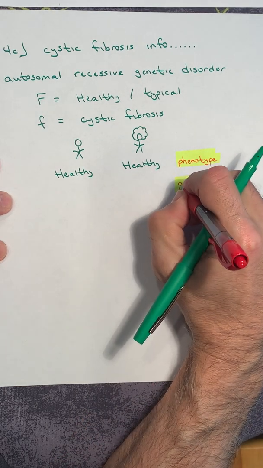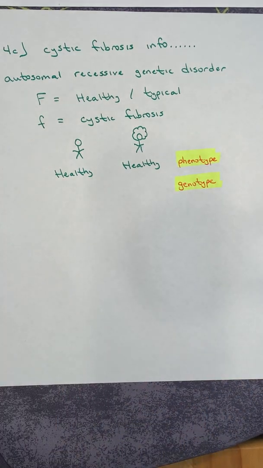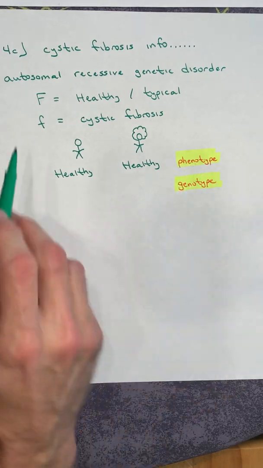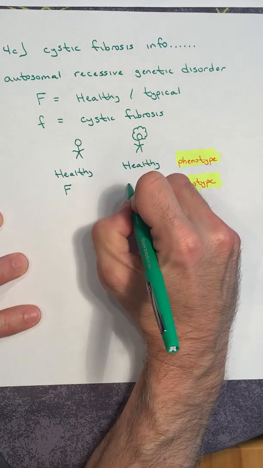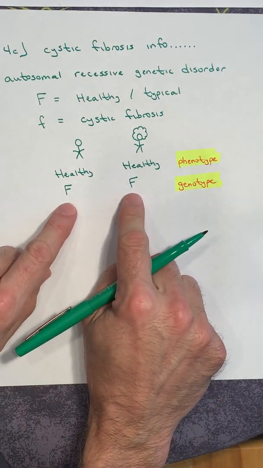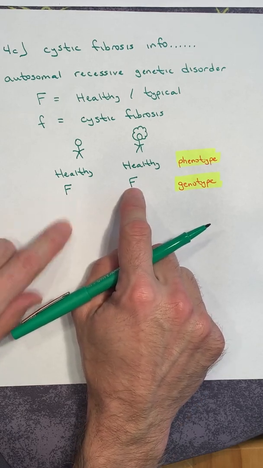Whereas what's in their DNA, what's in their genome, in their genes, is their genotype. Okay, so since they are healthy, that means that they must carry and express the dominant allele. So both the male and the female have a dominant F. That's why they're healthy. Again, what you decide to put here is totally up to you.